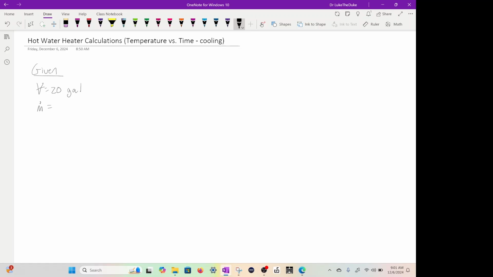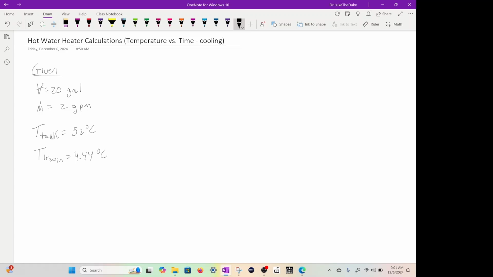We're going to say the mass flow rate is 2 gallons per minute. The tank is at 52 degrees C, and the water coming in is at 4.44 degrees C.